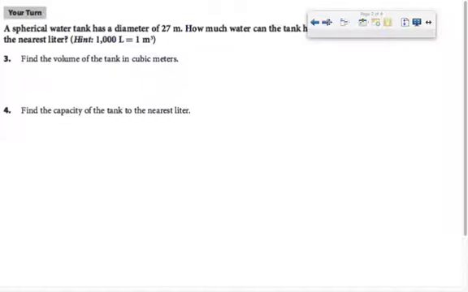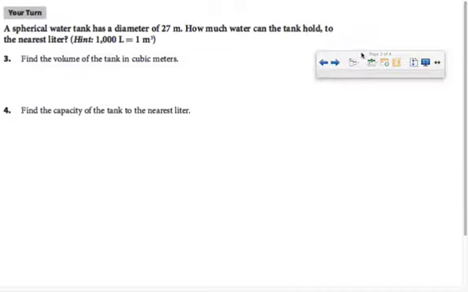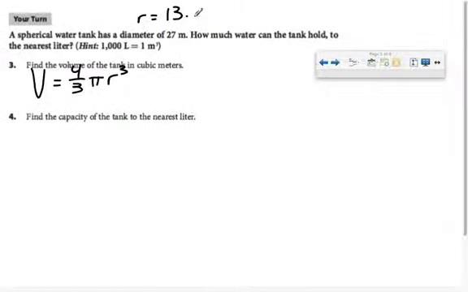Here we have a spherical water tank, and I'm asked how much water does it hold if I know 1,000 liters is equivalent to 1 cubic meter. So again, the formula is 4/3 pi r cubed. I know my diameter is 27, so my radius is 13.5.